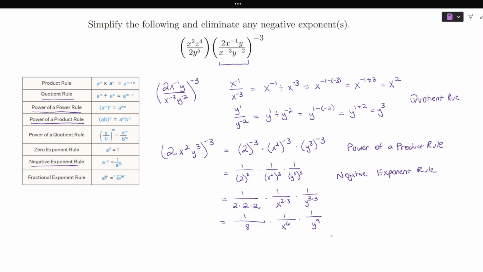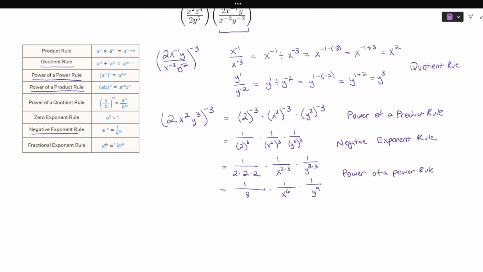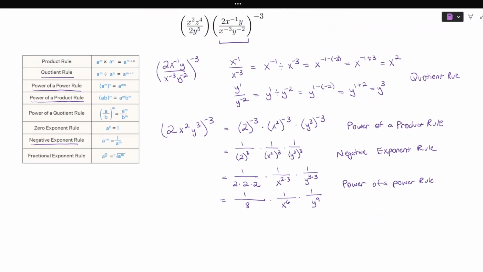And then I used the power of a power rule here to apply those exponents. Okay, so now what I have simplified for this portion is 1 over 8x to the 6th, y to the 9th. So now I can do my multiplication.